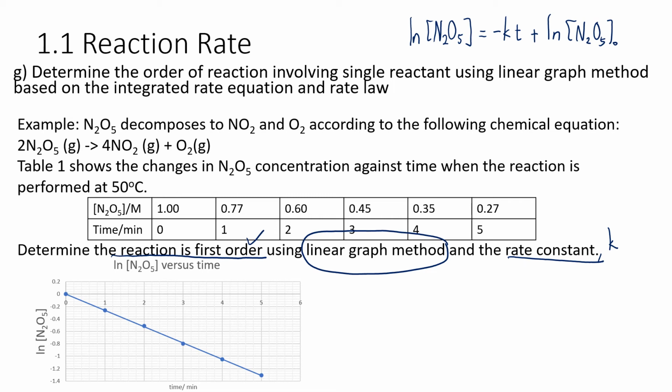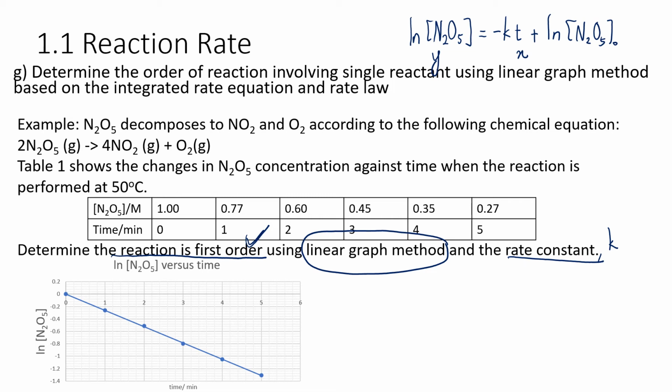From the equation, we know that to prove that the reaction is first order, we need to plot the ln remaining concentration versus time graph. And if the reaction is first order, we should get a linear graph.